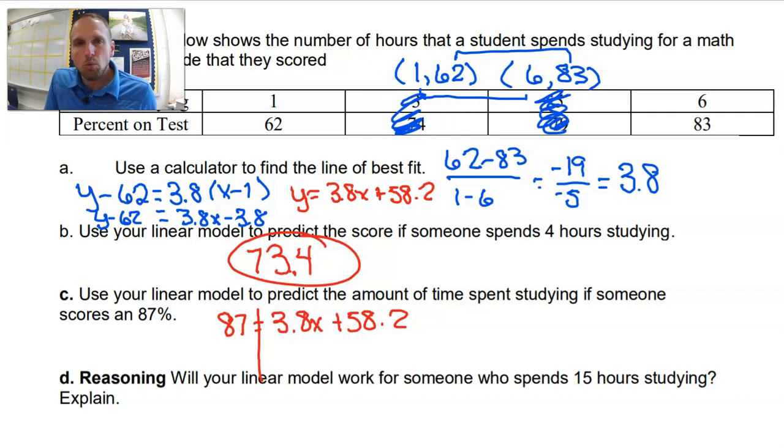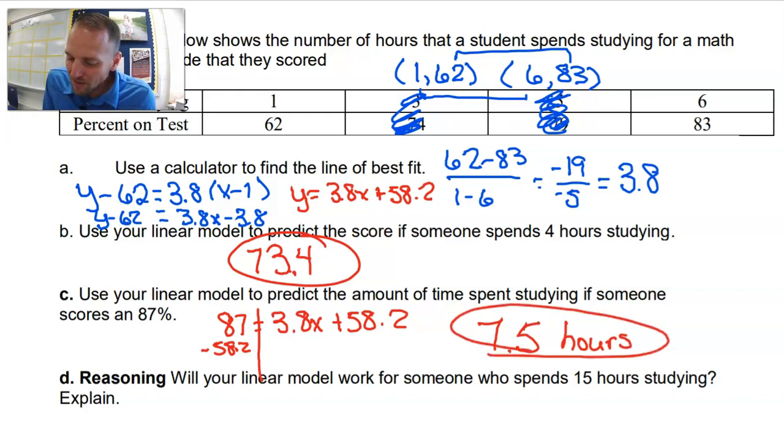Subtract the 58.2 and then divide by the 3.8. 87 minus 58.2 is going to be 28.8. Last step, divide by 3.8. And that's going to be 7.57. Okay, so about 7.5 hours studying to get that 87.